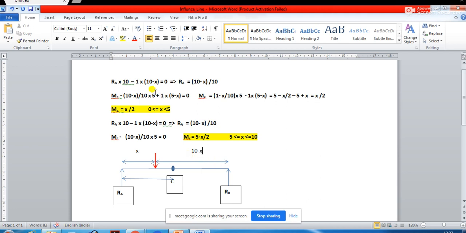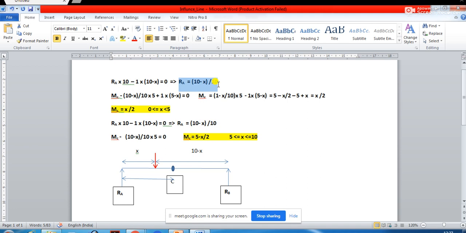So RA into 10 minus 1 into 10 minus x is equal to 0 because we are taking moment about B. So RA is going to be equal to 10 minus x by 10. Is it clear to everyone?